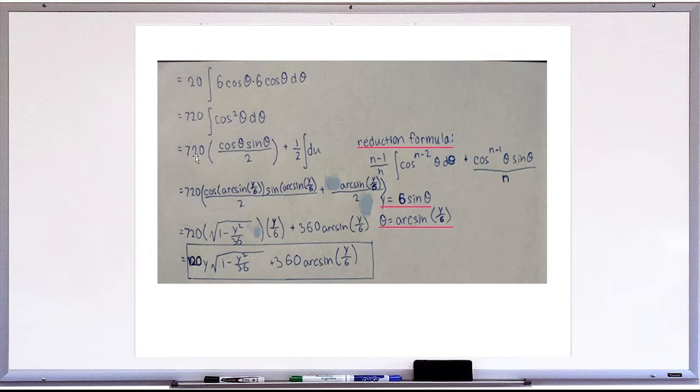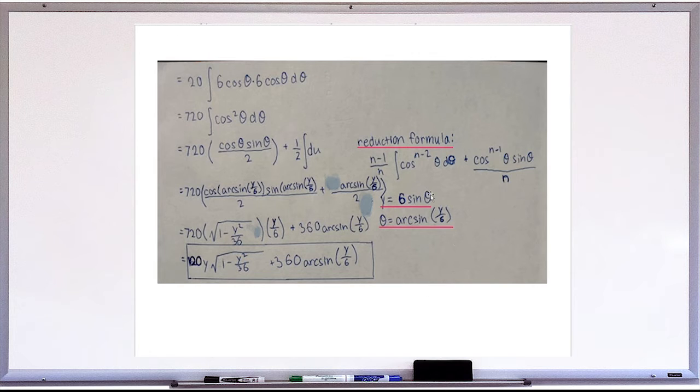It becomes 720 times cosine theta times sine theta over 2 plus 1/2 of the integral of du. We can simplify this further by using the reduction formula. Basically, we're going to use this formula to find out what we should replace theta with.